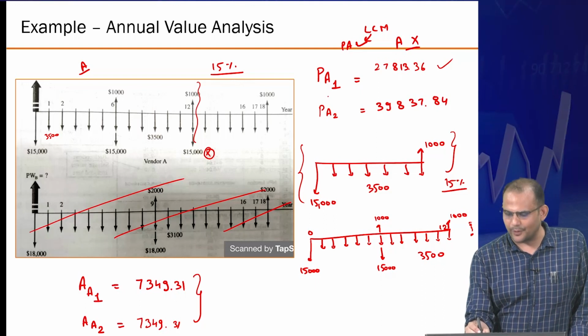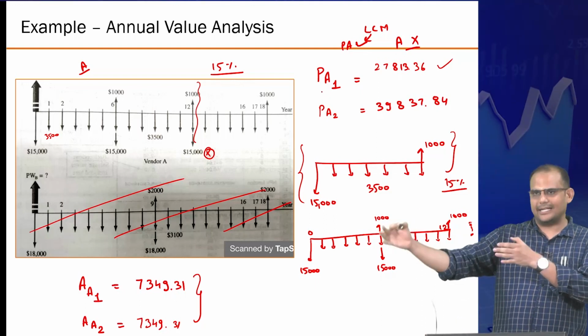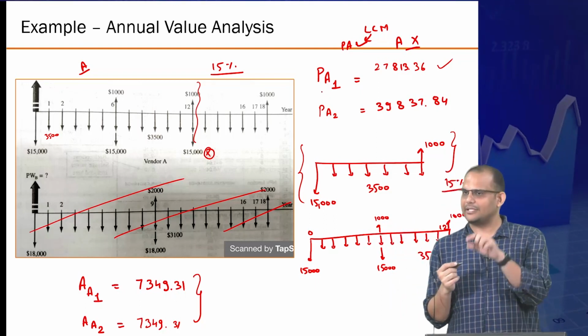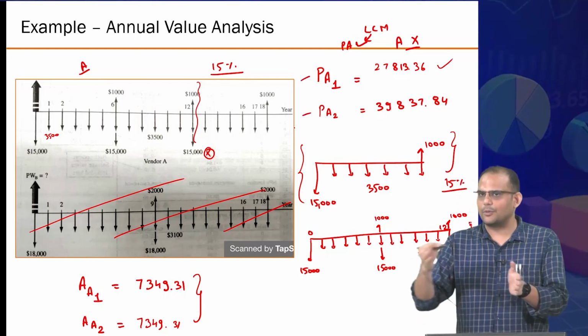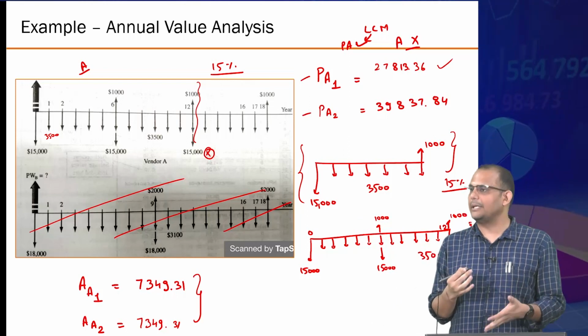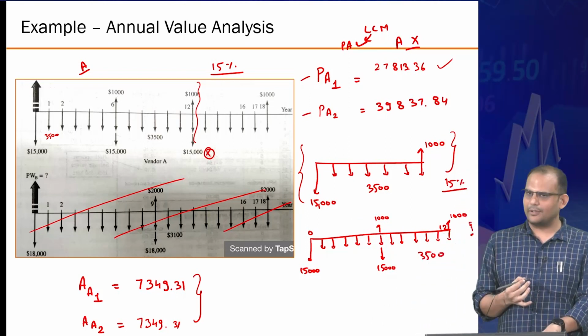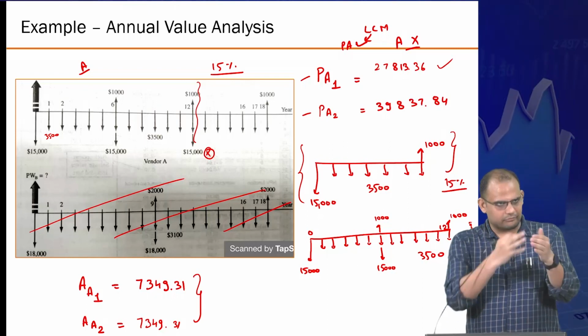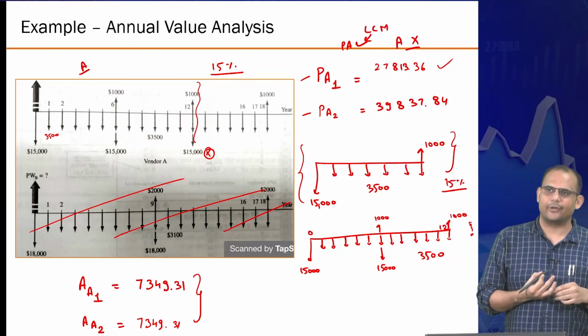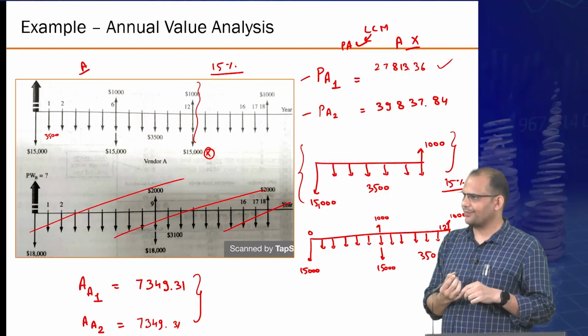You see, in present worth, the moment you change the number of cycles, the present worth calculation is changing, right? The answer is different. These two options are different, and the more cycles you add, this number will keep on changing. But in annual worth, it is independent of how many cycles of repetition of the same alternative you take. The annual worth will remain same.